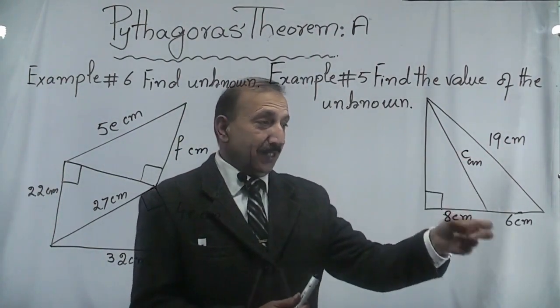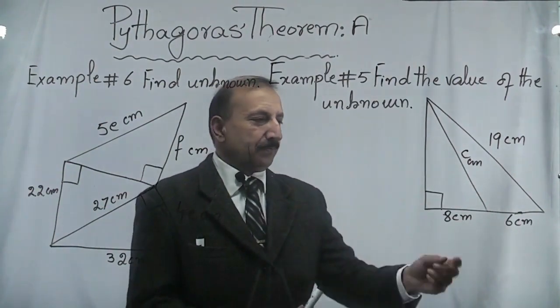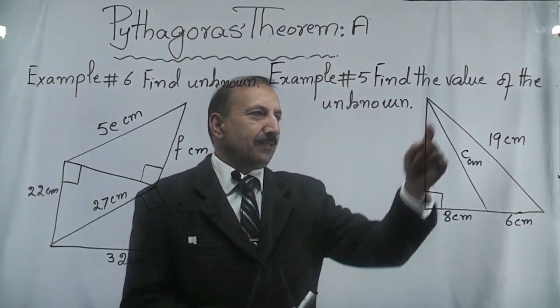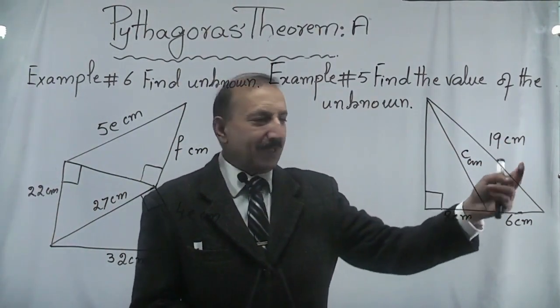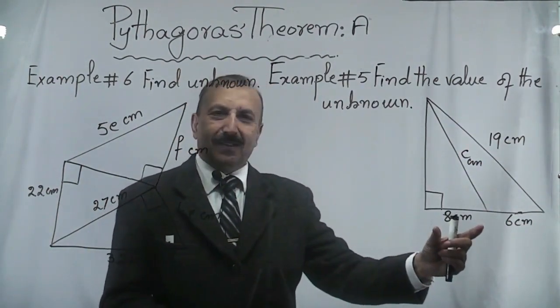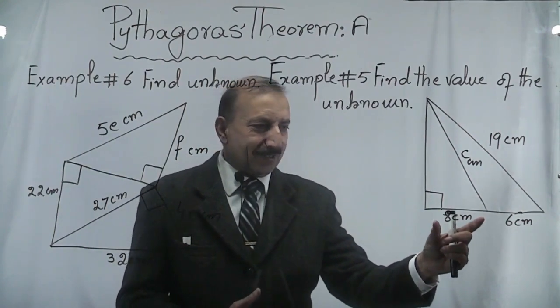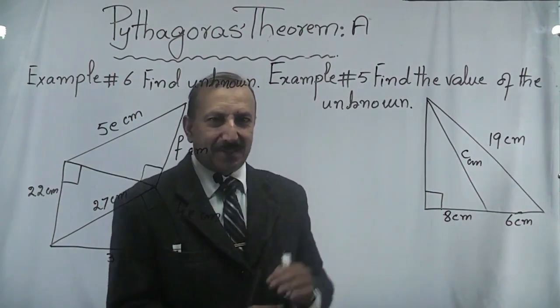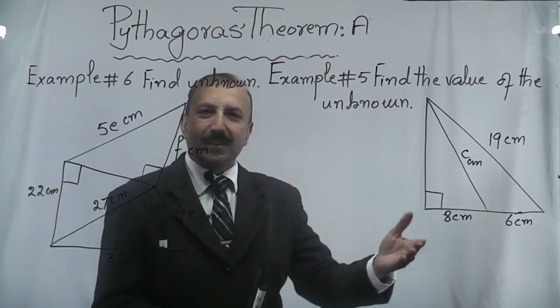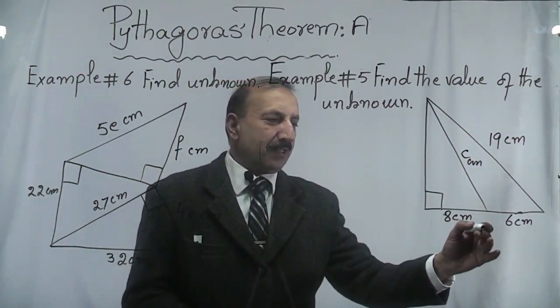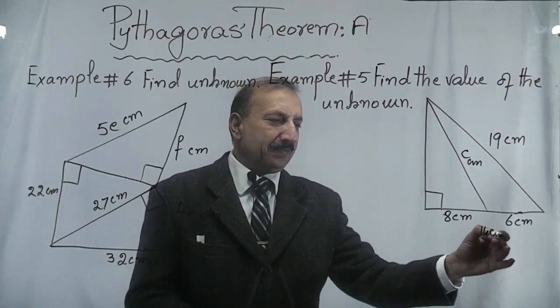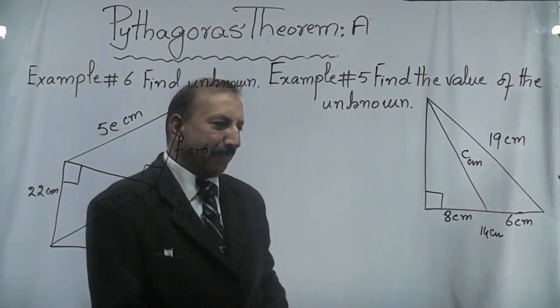We are supposed to find the value of C. But if we look at this whole figure, this is a larger right angle triangle in which this side is given, and this total length, which is the sum of two parts, 8 centimeter and 6 centimeter, is given. It means this total length is 14. For our convenience, we can write 14 centimeter here as the sum of these two.